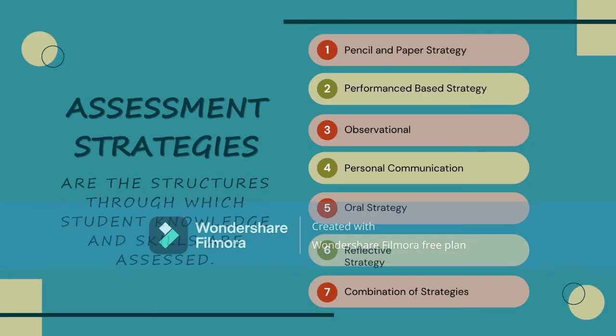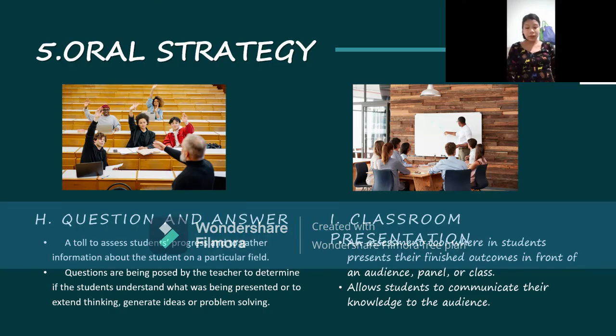Number 5, the next strategy, is the oral strategy. It also has two types, question and answer. The definition of this is a tool to assess students' progress and to gather information about the student on a particular field.